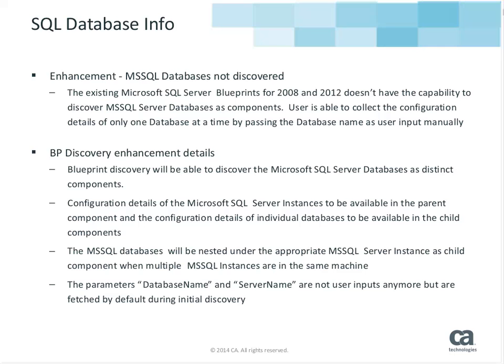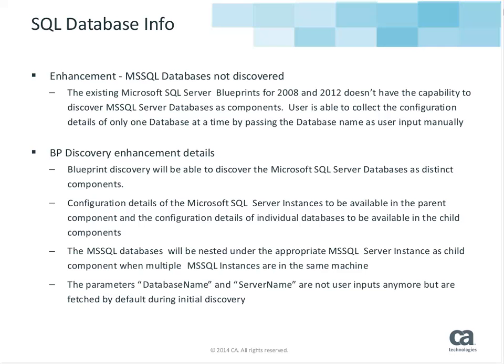When we did a blueprint discovery with MySQL Server database into distinct components, and I'll show you that, we want to look at the configuration details on the SQL Server instance. So I want to see the parent components. I want to understand the configuration details of the individual databases that are available as my child components.